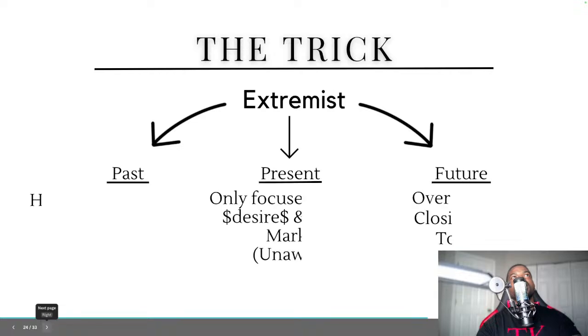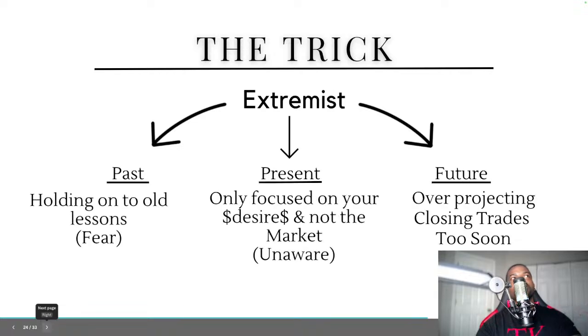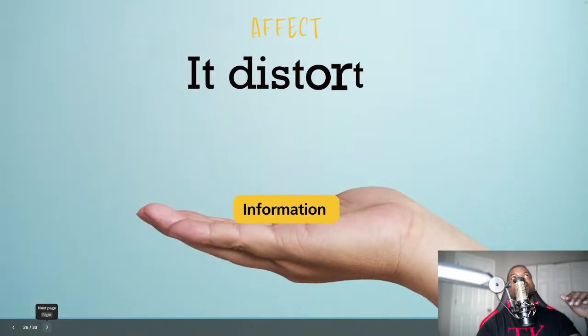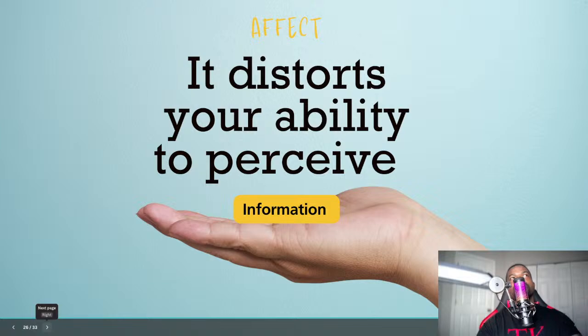Okay? Now, we call it the trick because no matter which direction you lean in as being an extremist, it all leads to one place, and that's anxiety and fear. And when you move or operate with anxiety and fear in the market, when it's time to execute with your money on the line, it's going to distort your ability to perceive information.